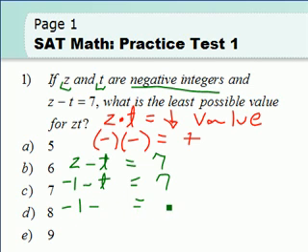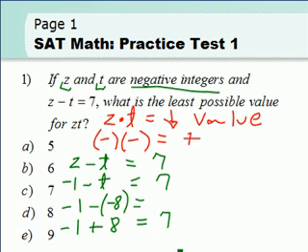What number would give me 7? If I substitute t with negative 8, that will give me 7. I have negative 1, and then negative and negative, that's positive 8, and then negative 1 plus 8 is equal to 7.